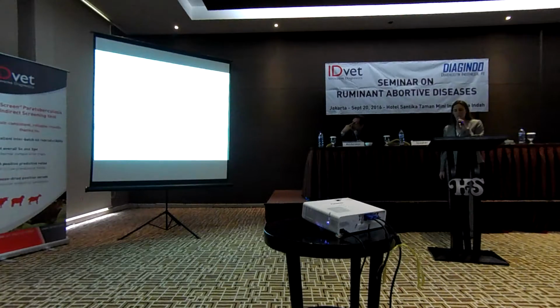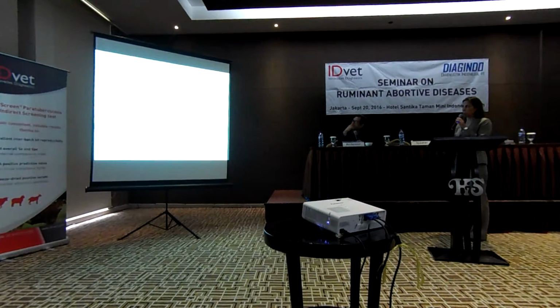And this is a diagram based on some information I got from IDvet from Anna. This is one way to diagnose a suspected case of chlamydia. So first, you have to decide if you're going to do an investigation.